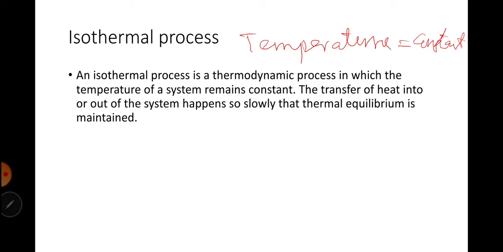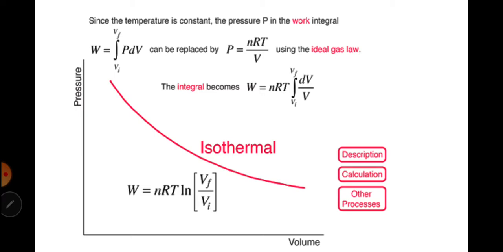If pressure is kept constant, then the process will be isobaric. The transfer of heat into or out of the system happens so slowly that thermal equilibrium is maintained. If heat is taken from the system, it will take heat from the surrounding, from the heat reservoir, or otherwise it will release it.